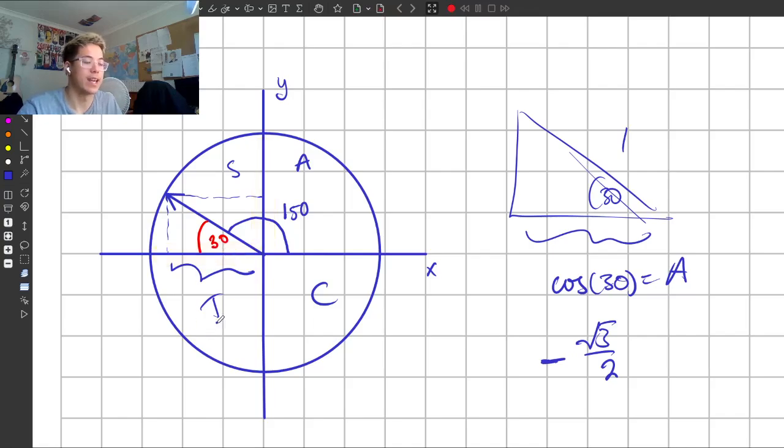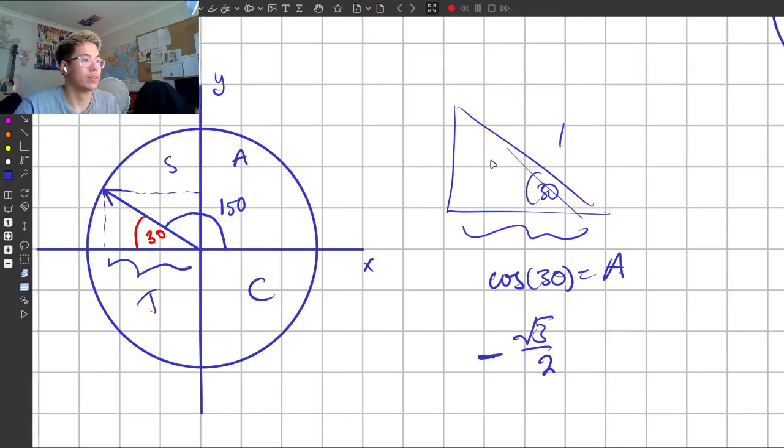And then tangent is positive here because both the sine and the cosine are negative, and tangent is defined as being sine over cosine, negative over negative gives positive. Here, cosine is positive because you're in this part here. So I hope that makes sense.